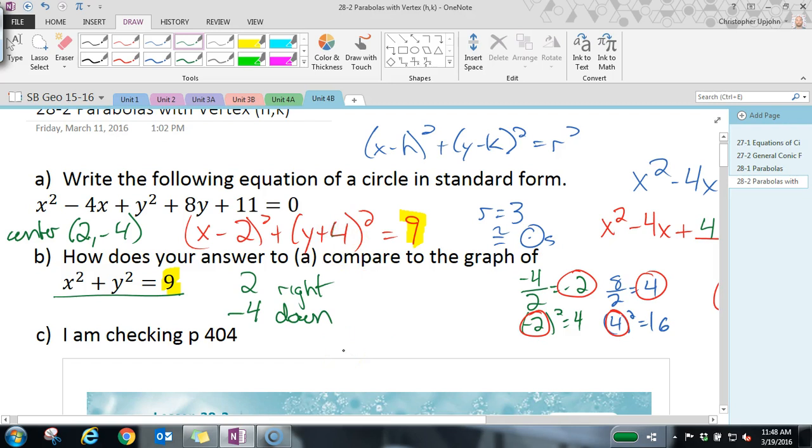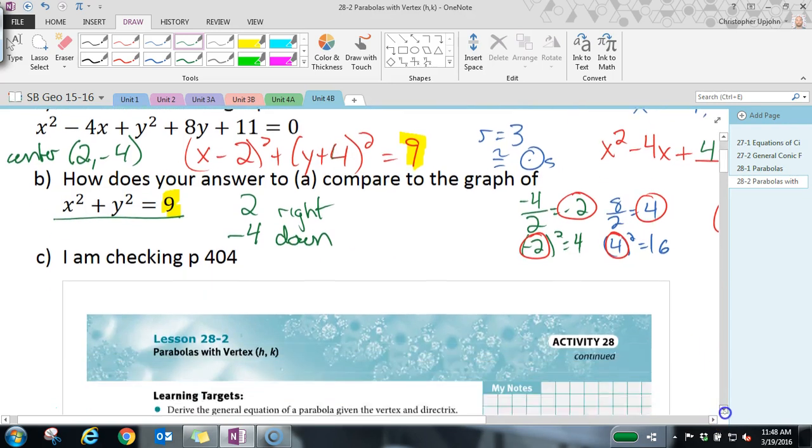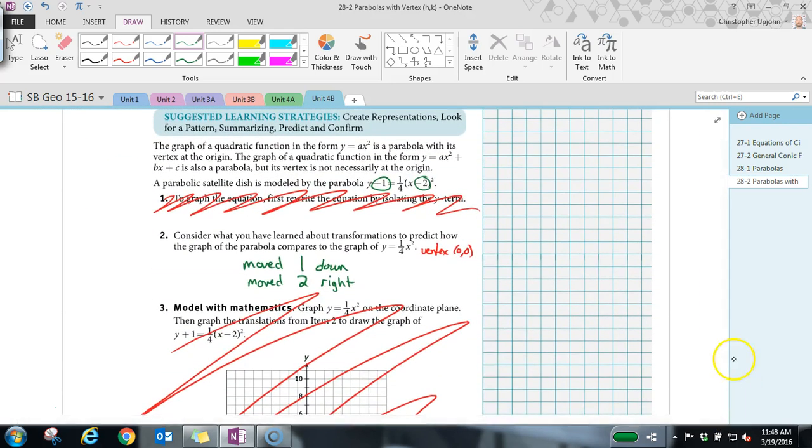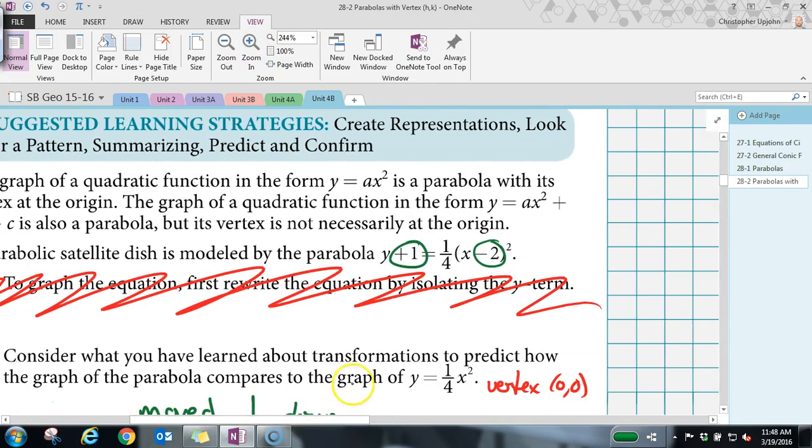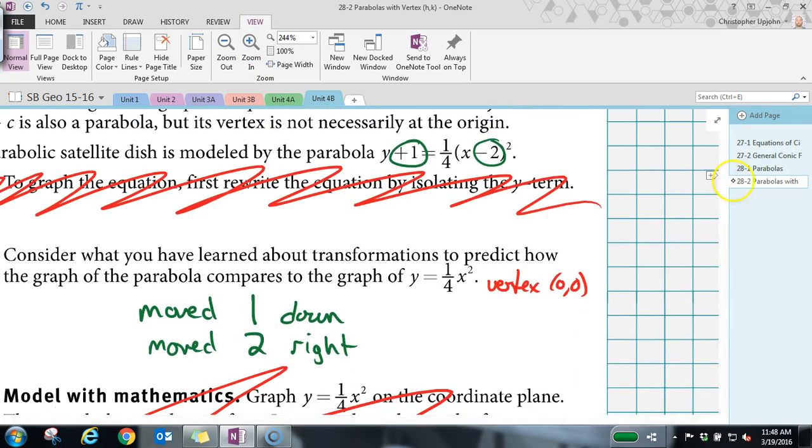So it's going to be the same thing when we look at our parabolas now. If we look at our notes, we're looking at this equation: y plus 1 equals 1/4 times x minus 2 squared. Very, very similar. How does this compare to this? Well, this one, y equals 1/4 x squared, the vertex is 0, 0.